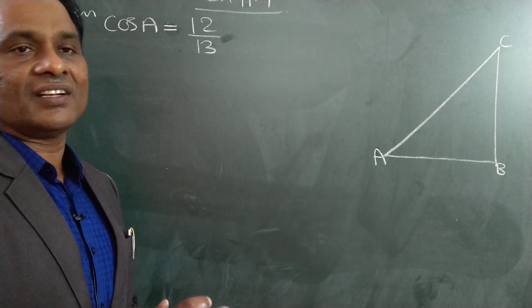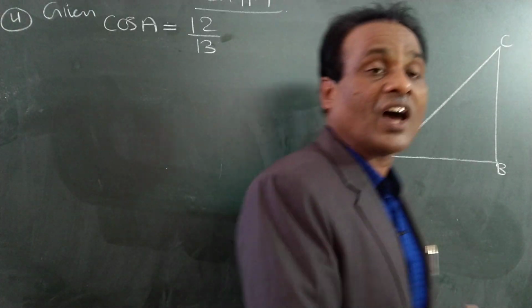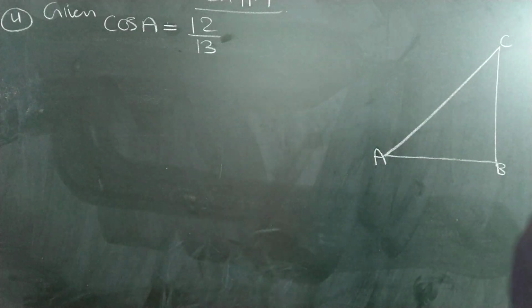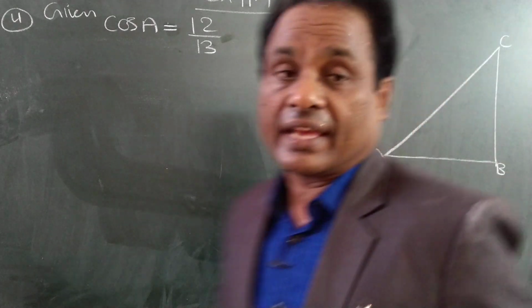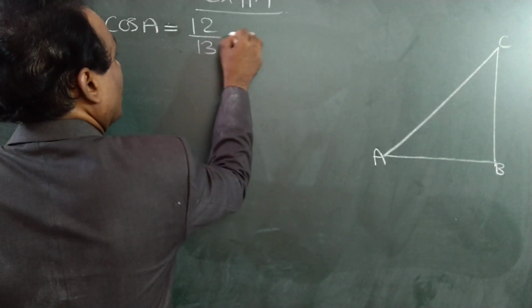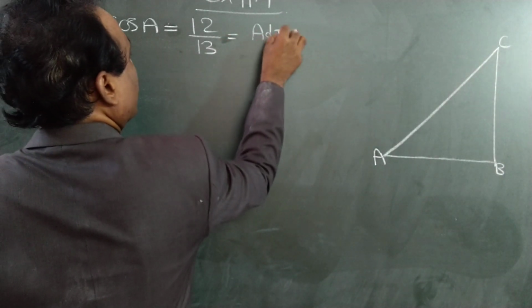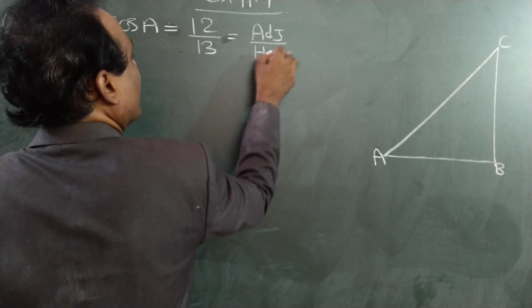Cos A is given. See the formula: what is the cos definition? Cos definition is adjacent by hypotenuse.